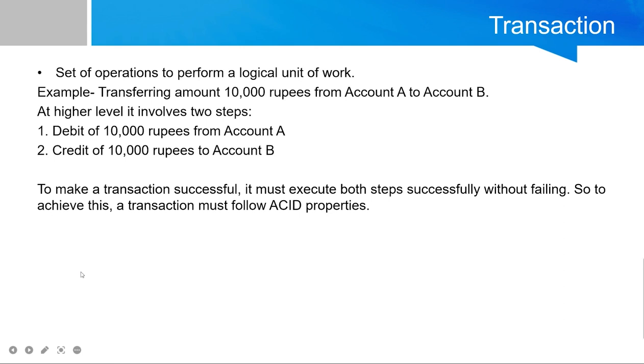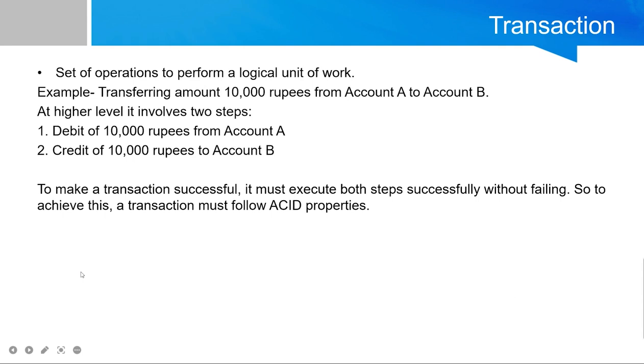Another example can be debiting, or performing a withdrawal, from some account A. This can be another transaction. So if you are performing a transaction, there can be a sequence of operations in order to execute that unit of work.